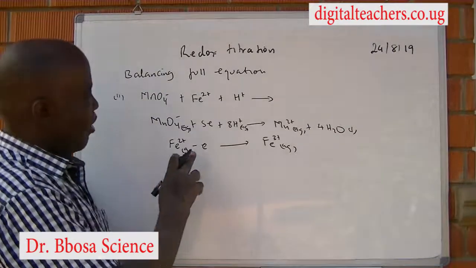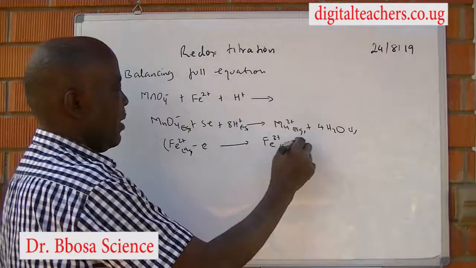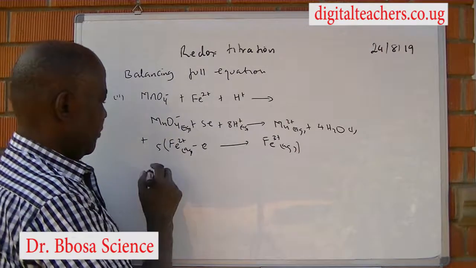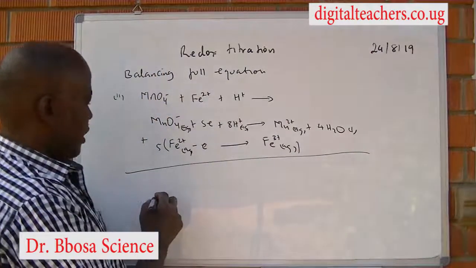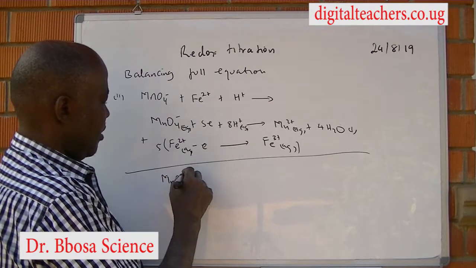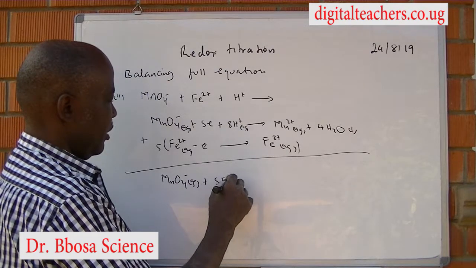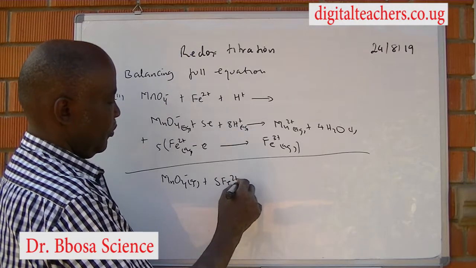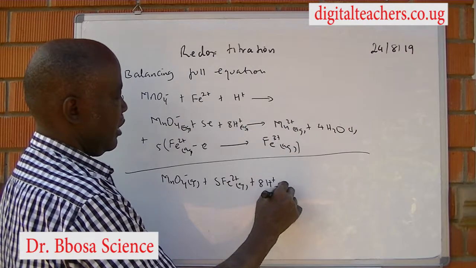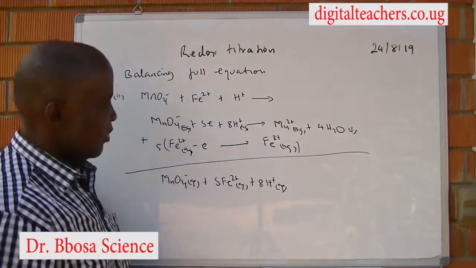Again we want 5 electrons from here, so we multiply the whole thing here by 5 and then we add to get a full equation. Then we get MnO4 minus aqueous plus 5 iron 2 plus aqueous plus 8 hydrogen plus aqueous, 5 electrons minus 5 electrons, they will cancel.